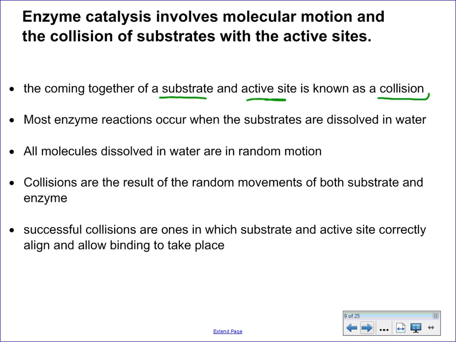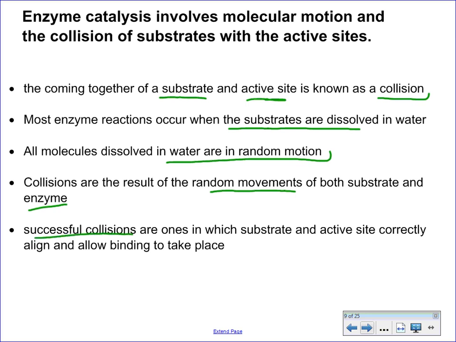Most enzyme reactions, as I mentioned, occur when the substrates are dissolved in water, and all molecules that are dissolved in water are in random motion. So things are just kind of zipping about. Collisions are the result of that random movement of both substrate and enzyme. When a collision results in a reaction, it is considered a successful collision.